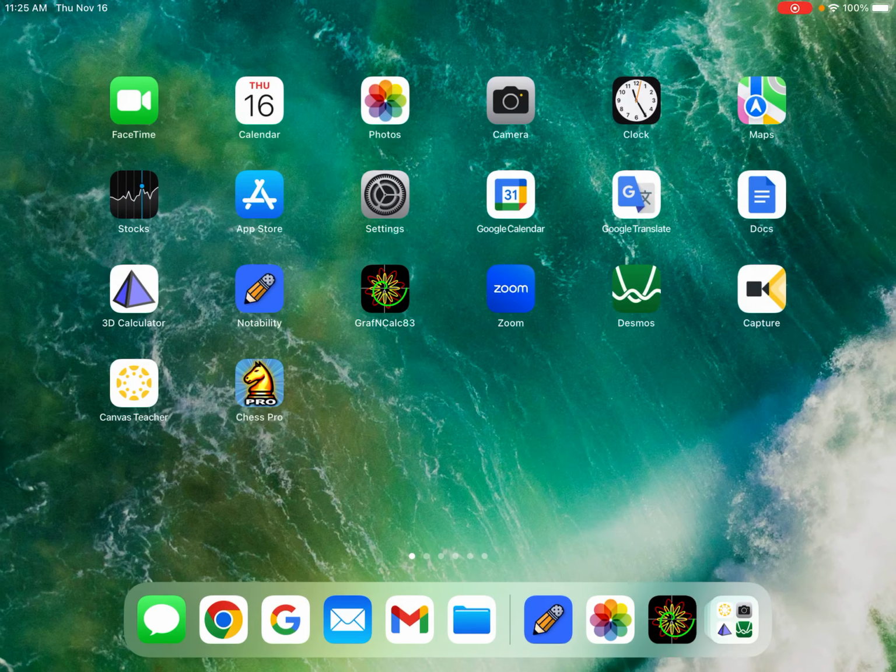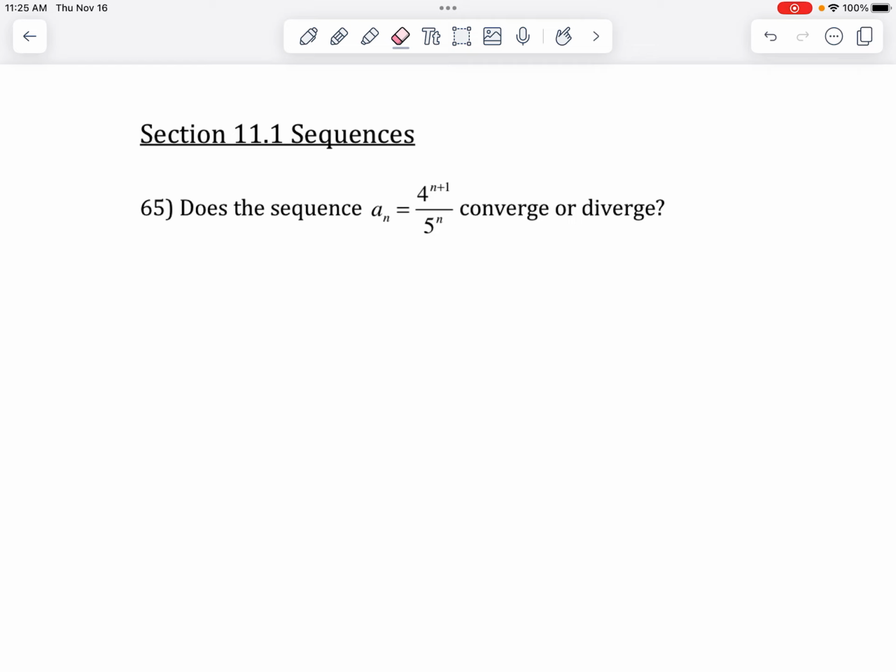So let me go back to the actual question. For this, we can say, take the limit as n goes to infinity, and then what's happening with this fraction? Well, for one thing, I'm going to rewrite this as 4 to the n times 4 to the 1.